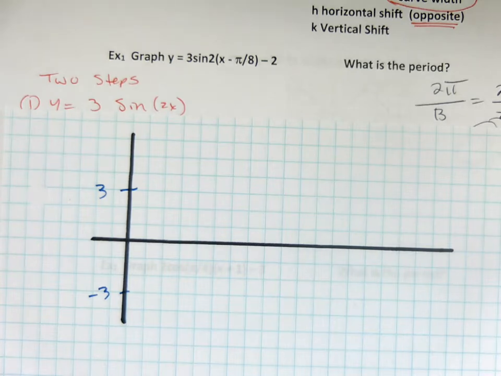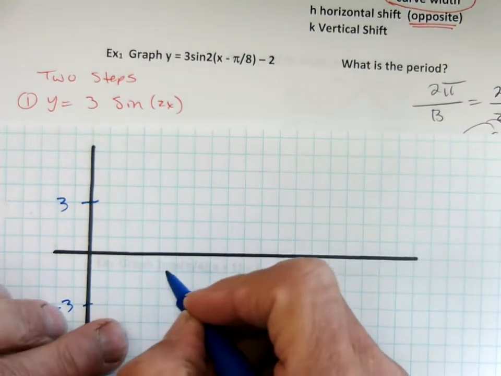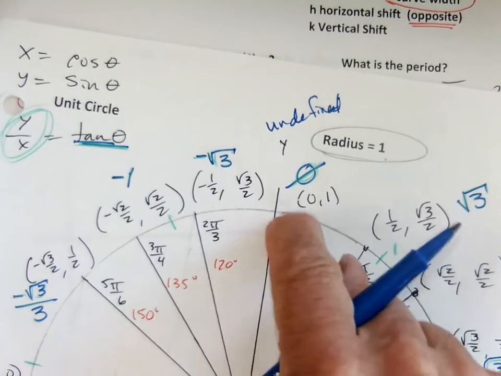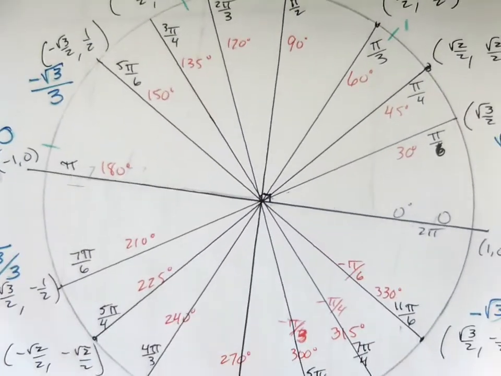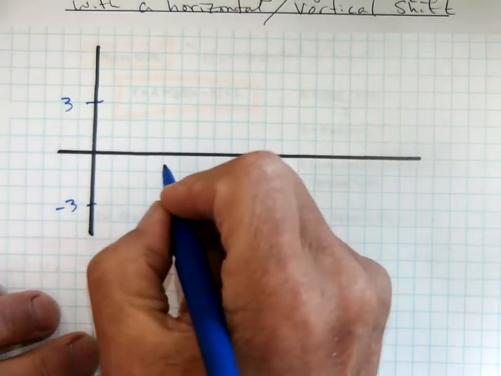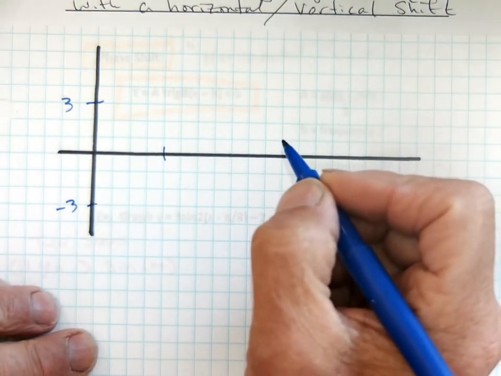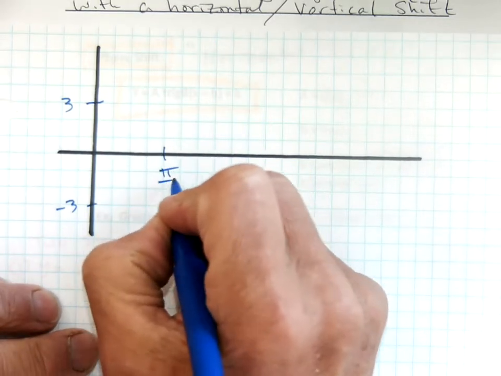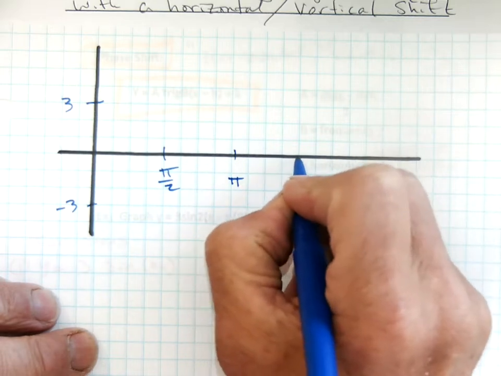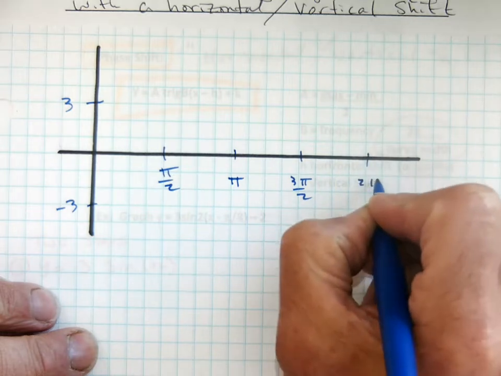And I know that I've got to have pi in here, so I'm going to do what I did yesterday. I'll just kind of use the important parts of my unit circle. So I need my 0, pi halves, pi, 3 pi halves, and 2 pi. Okay, so I'm going to put those on my axes. So I'm going to put 1, 2, 3, 4. I like 4 squares because these things have 4 quadrants. 1, 2, 3, 4. 1, 2, 3, 4. 1, 2, 3, 4. Okay.